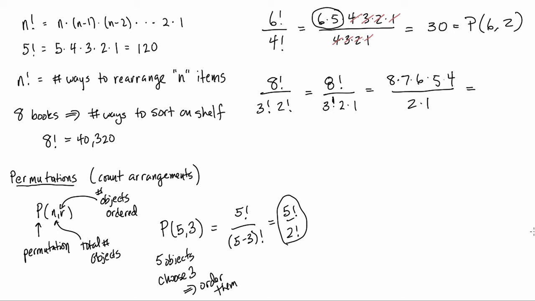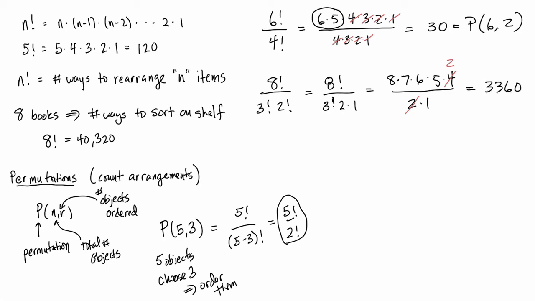And here you can just take term for term. So the 2 will cancel with the 4, leaving a 2. So let's see, if we multiply everything that's left here, that looks like, let's see here, 3,360.